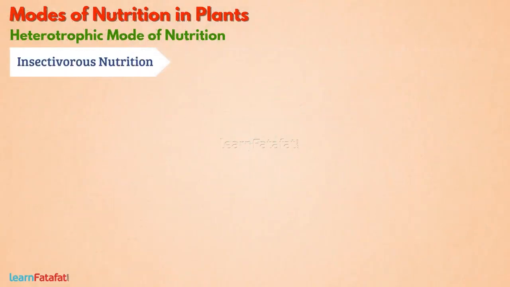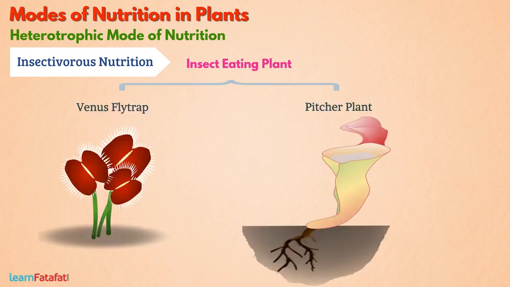Insectivorous nutrition. Have you ever heard about insect-eating plants? Yes, it is true that some plants like Venus flytrap and pitcher plant can eat insects. They are colorful to attract insects towards them.